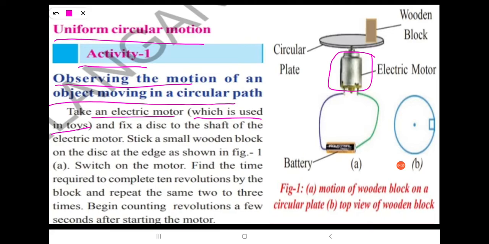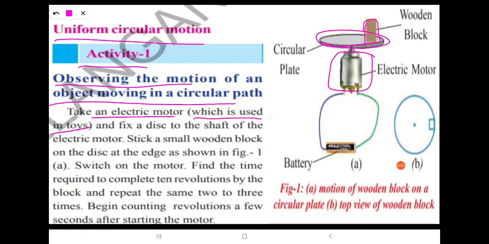Now we fix a disc to the shaft of the electric motor. This is the disc. Now stick a small wooden block on the disc at the edge, as you can see in the picture.